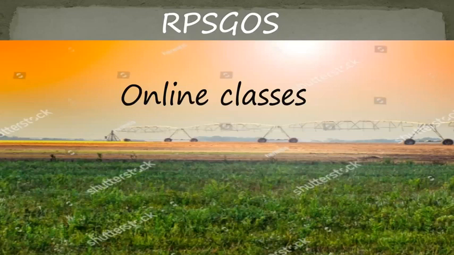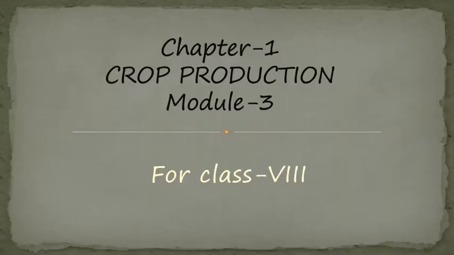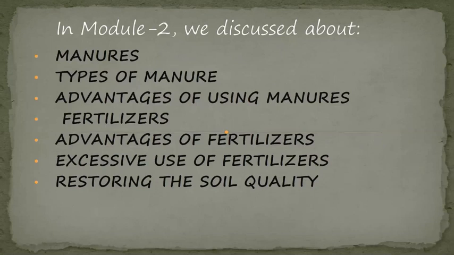Today, we will continue with the topic of Crop Production, Module 3. But as usual, we need to recall what we have done in Module 2. There, we discussed the agricultural practice of application of manures and fertilizers.